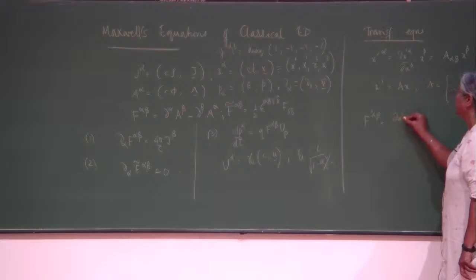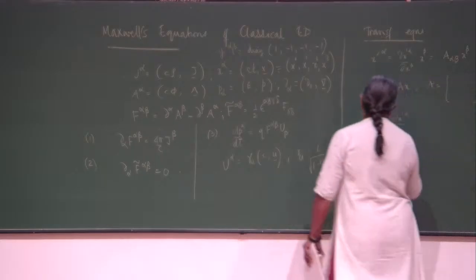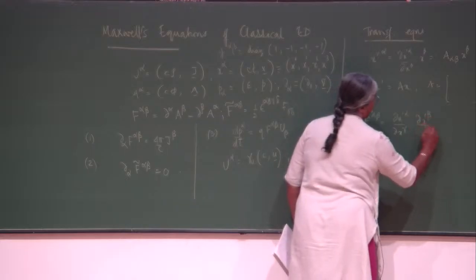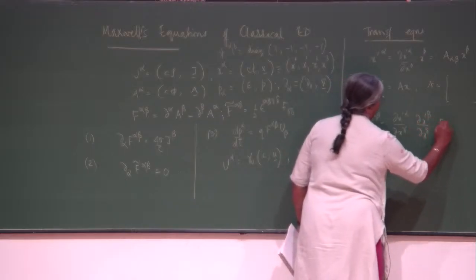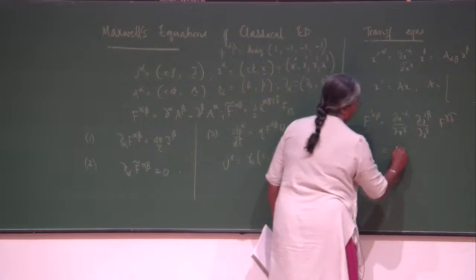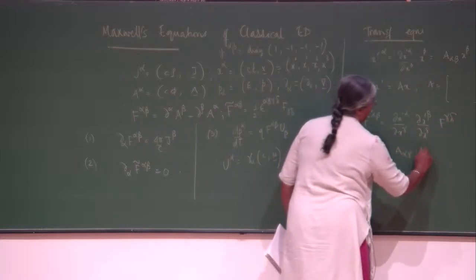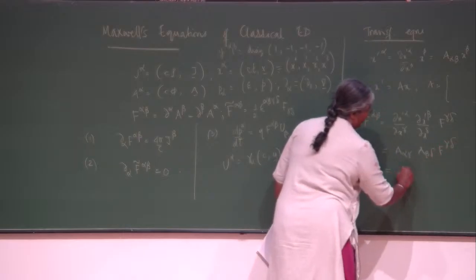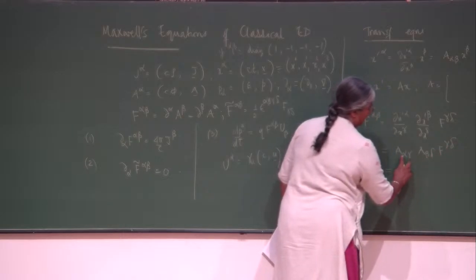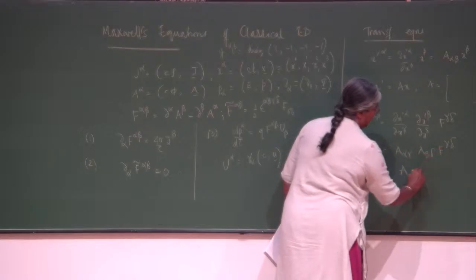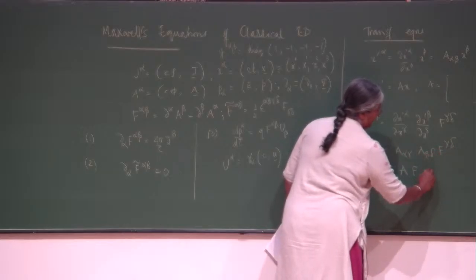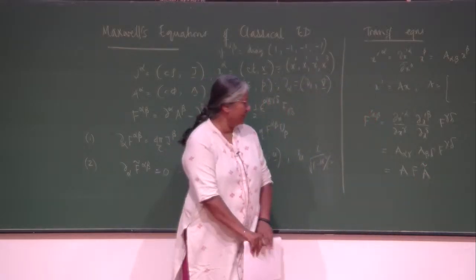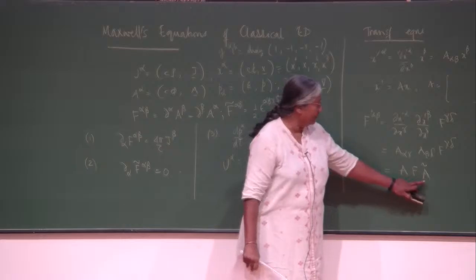So dx prime alpha by dx gamma, dx prime beta by dx delta, F gamma delta, which can be written as A alpha gamma, A beta delta, F gamma delta, or in matrix form, A F A transpose. Is this clear? This is what we saw in the last class. So matrix multiplication is just A, F, A transpose.